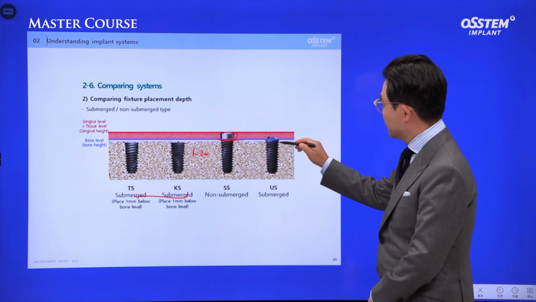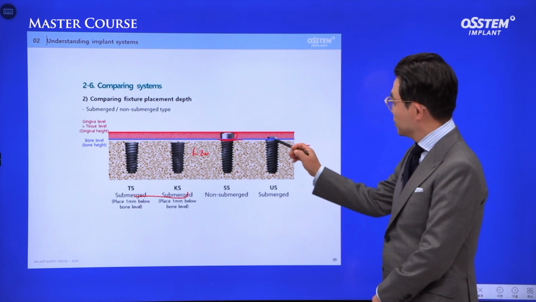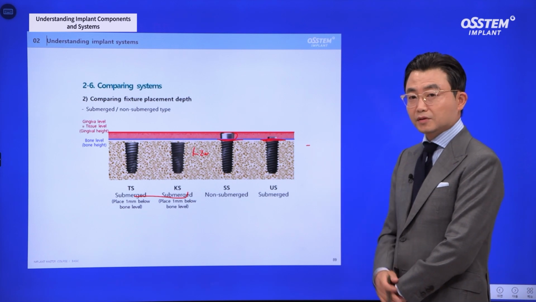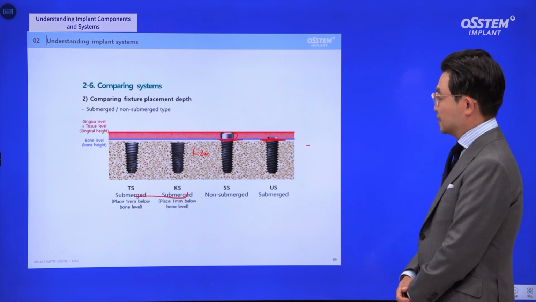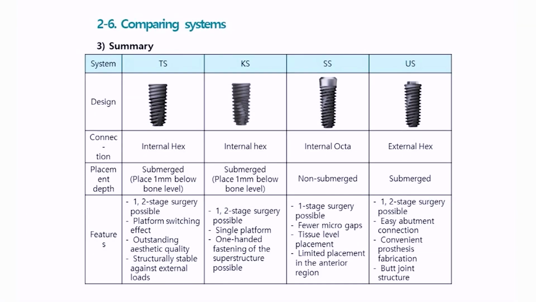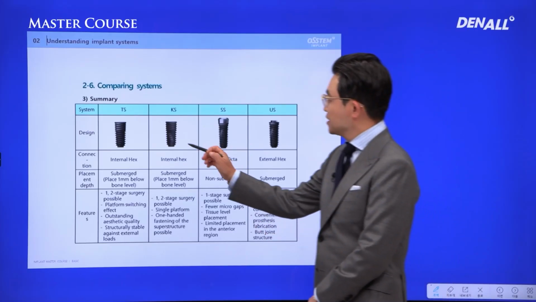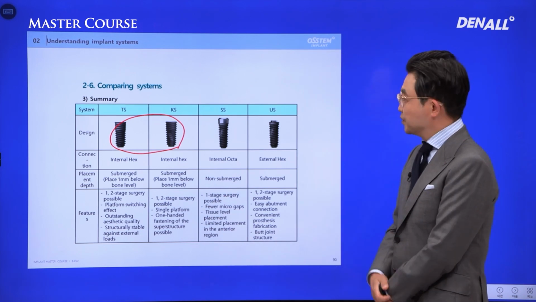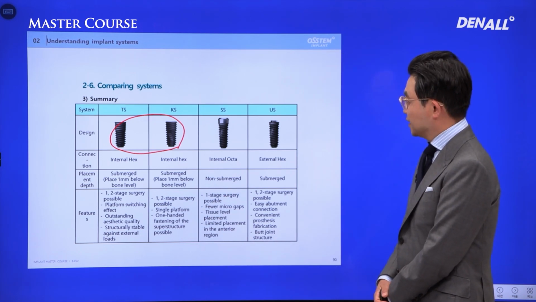And for the US, there could be bone loss, hence it's better not to go too deep. So in other words, SS, TS, and US are three big groups, and TS and KS are very similar, like brothers.